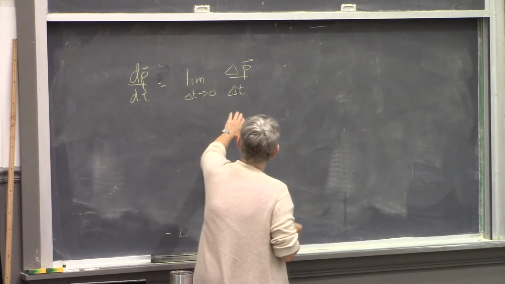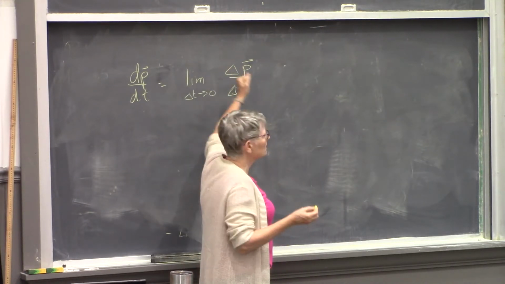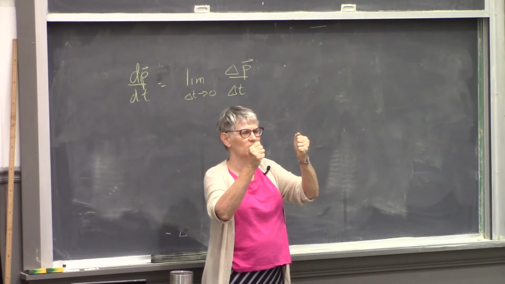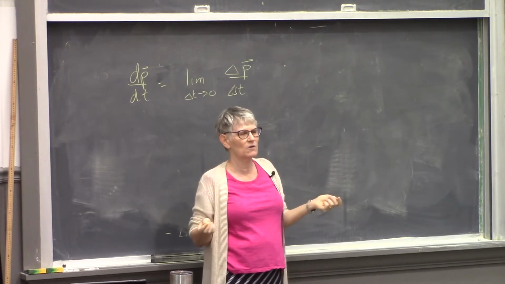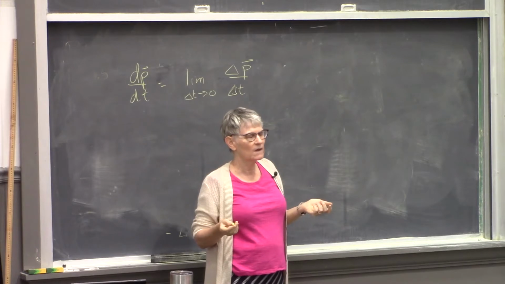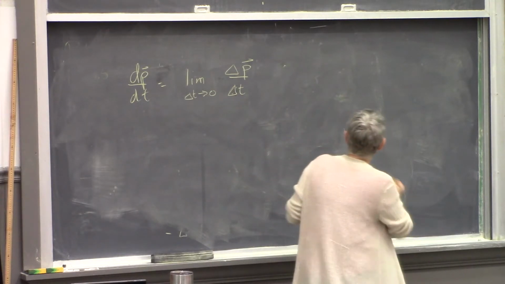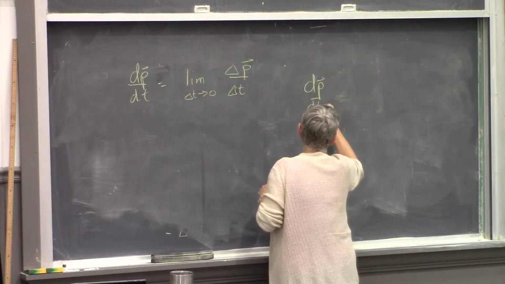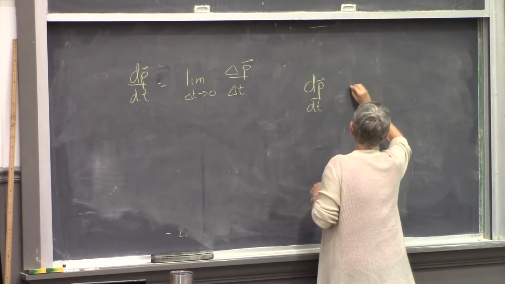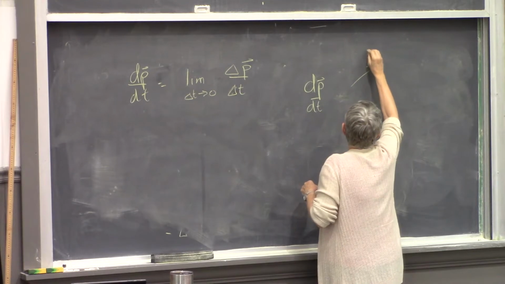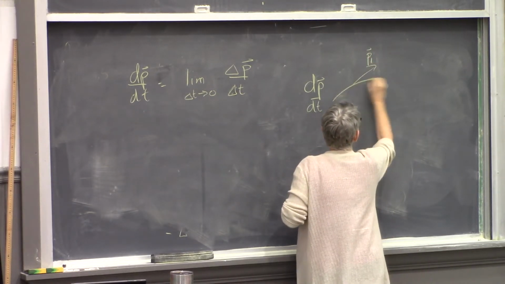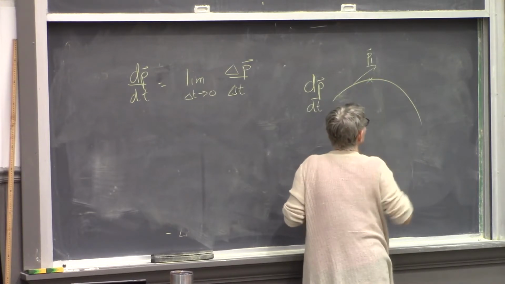This is a positive number. So the direction of delta p as you make delta t very small is going to be the direction of dp dt. So the way to find the direction of dp dt is to take whatever the momentum is a very short time before the time you're interested in.